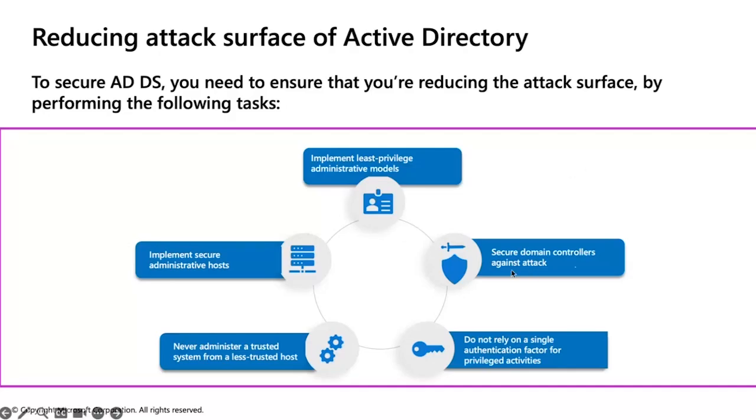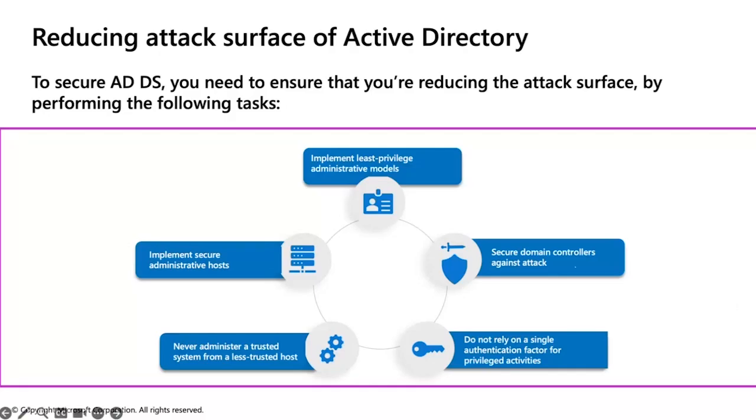Trying to secure the domain controller against attacks, like implementing a firewall, or keeping the domain controller in a different VLAN, or many other security components you can use. But by default, we don't have anything inside the Active Directory system or inside Windows Server.